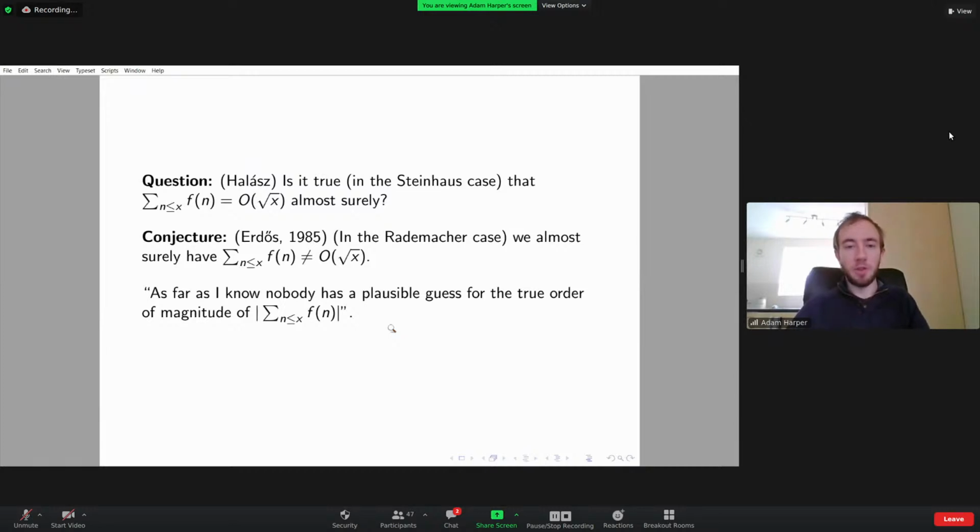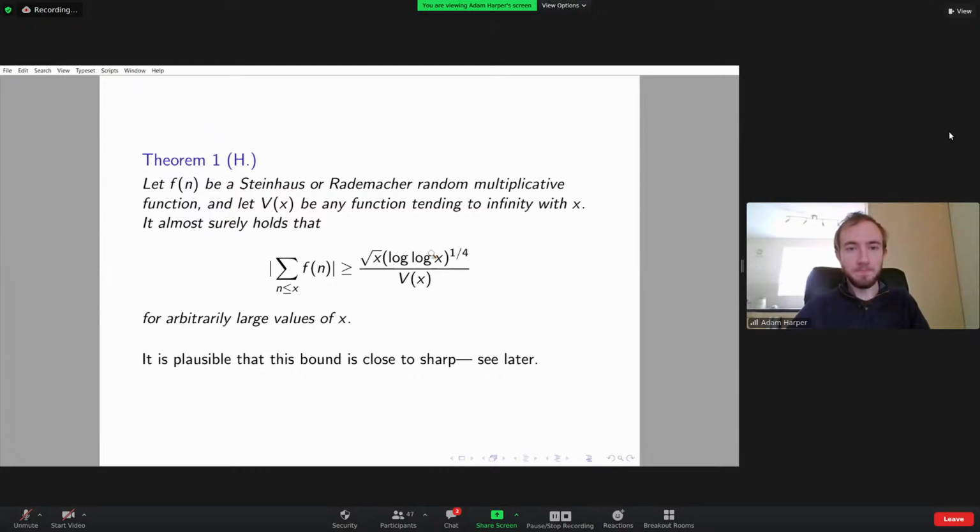Okay, so the result I want to say something about today addresses these things. It answers this question of Harper, and it proves this conjecture. So this is the theorem. If f of n is either of the kinds of random multiplicative function that I've been talking about, but you can just think of the Rademacher, the real case, and v of x is any function that tends to infinity, however slowly, then almost surely, with probability 1, there will be arbitrarily large x for which the partial sums are bigger than root x times log x to the 1/4 divided by v of x.